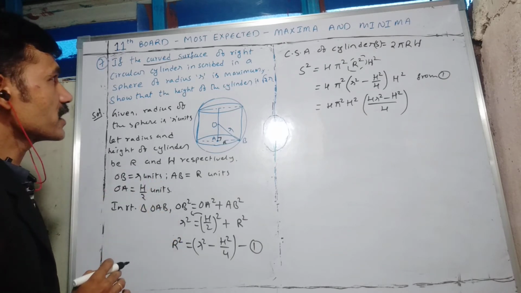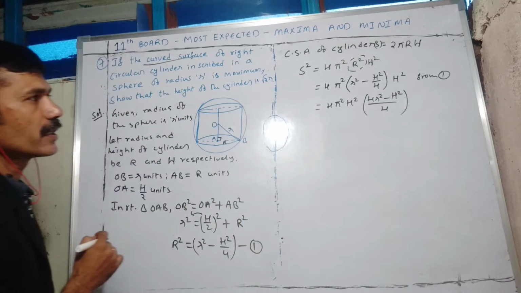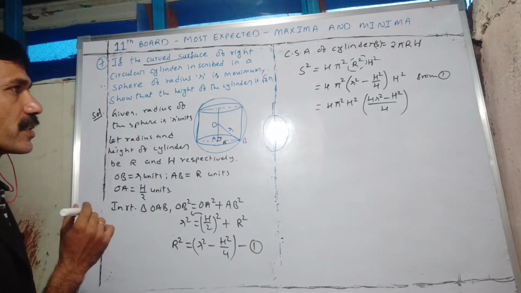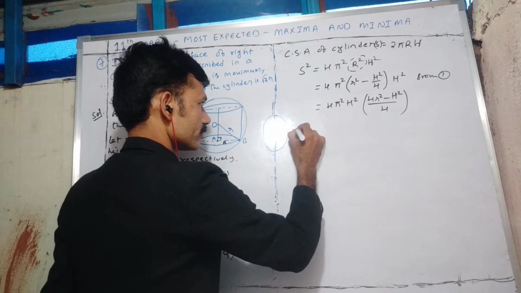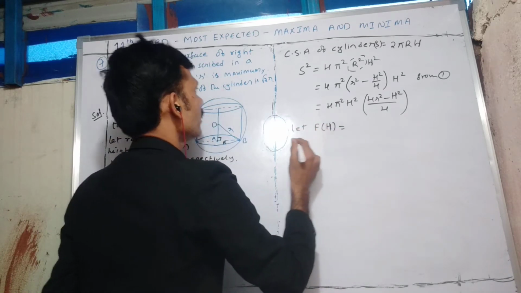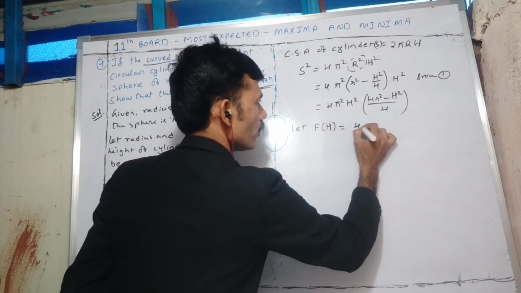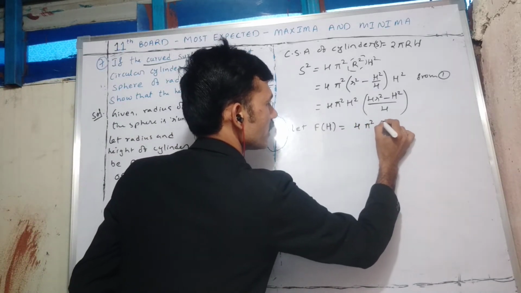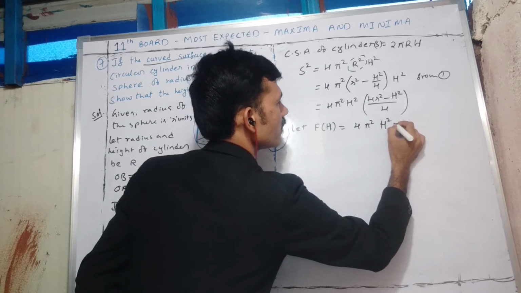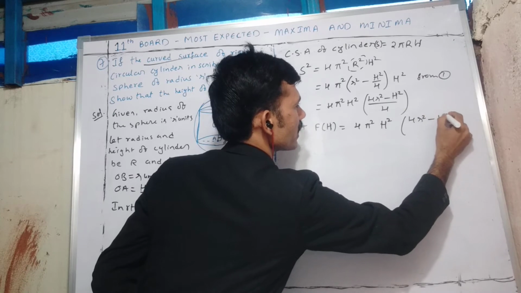We got an expression for the curved surface area. Let us take this as, here, what is the variable? H. Let f of H be, H only we have to find, no? 4 pi square H square times 4r square minus H square.